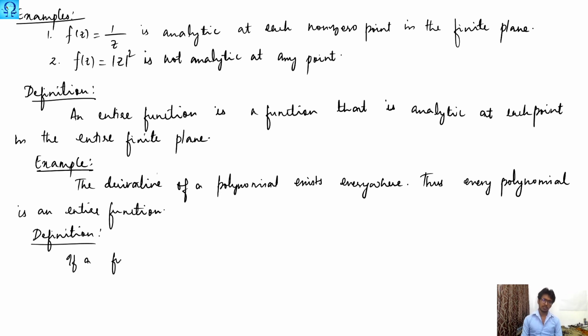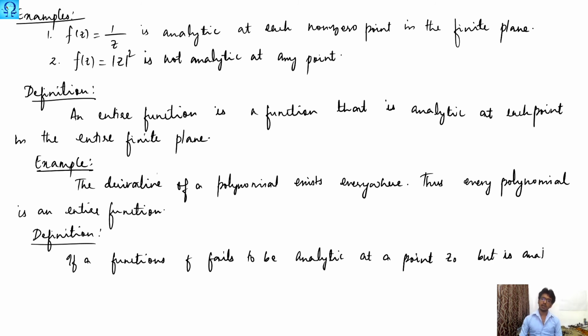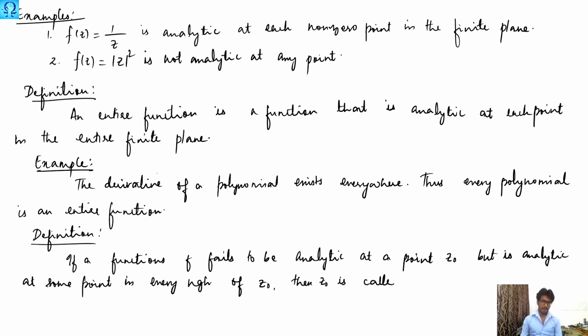Next, we present another definition. If a function f fails to be analytic at a point z0 but is analytic at some point in every neighborhood of z0, then z0 is called a singular point or singularity of f.